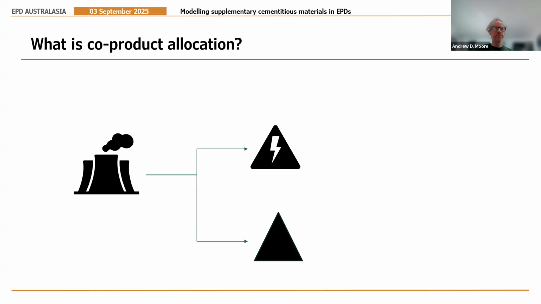Previously the ash products would have been considered a waste, but now for many there's a positive economic value associated with them. So we have to divide up the environmental burden of the mining of the coal and the burning of the coal between the electricity and the ash products. That's the question of how we do that in a fair way that represents that environmental burden.